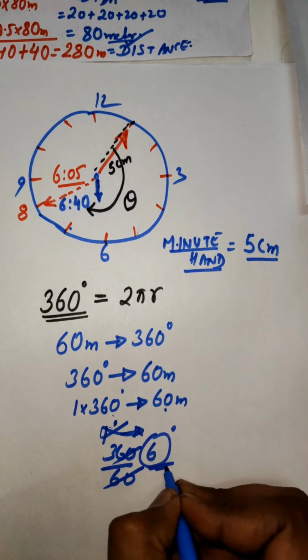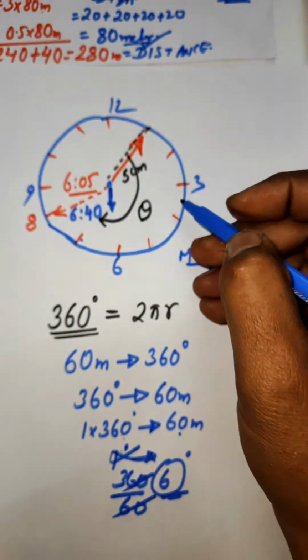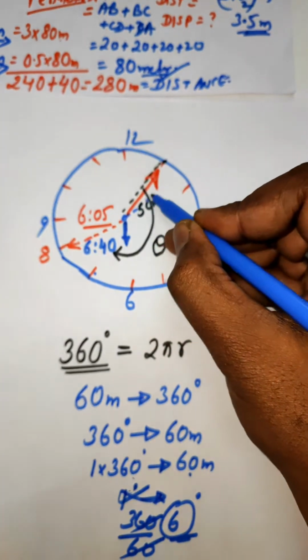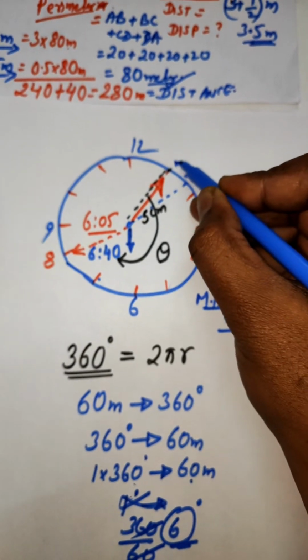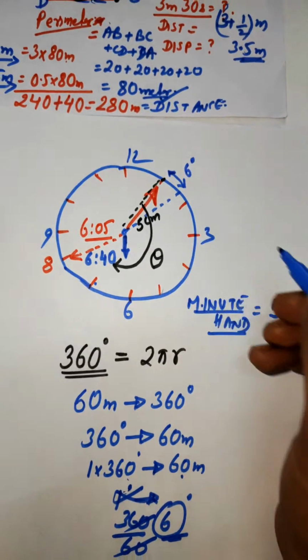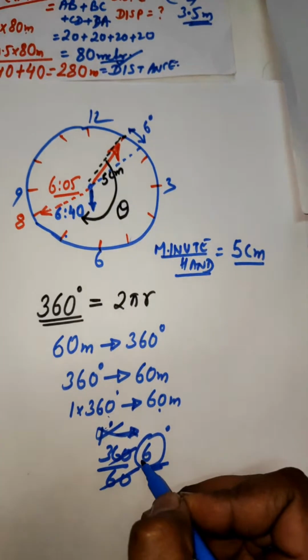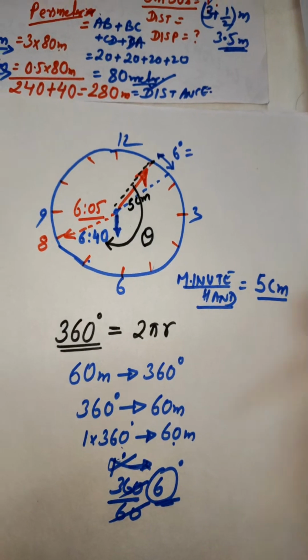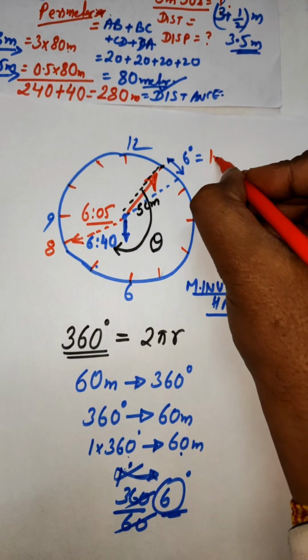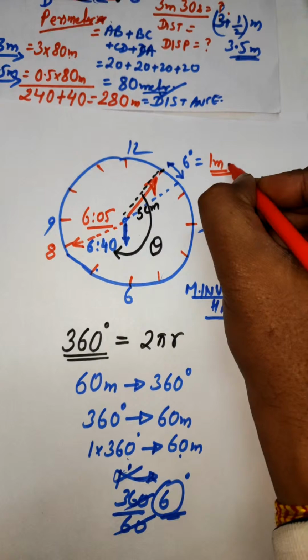So when the minute hand covers 6 degree, let's say here to here, if this angular displacement is 6 degree, then we can say 1 minute of time is covered, or 1 minute is read on the watch.